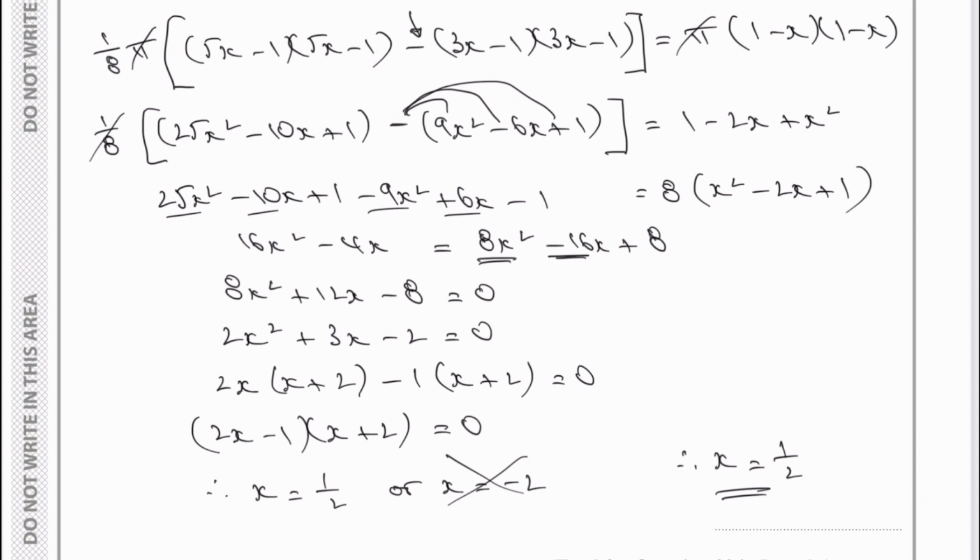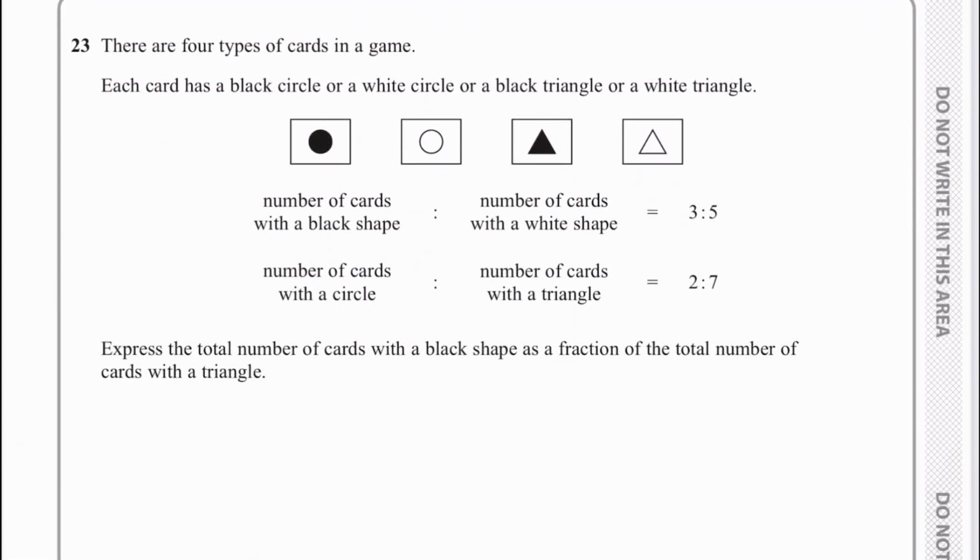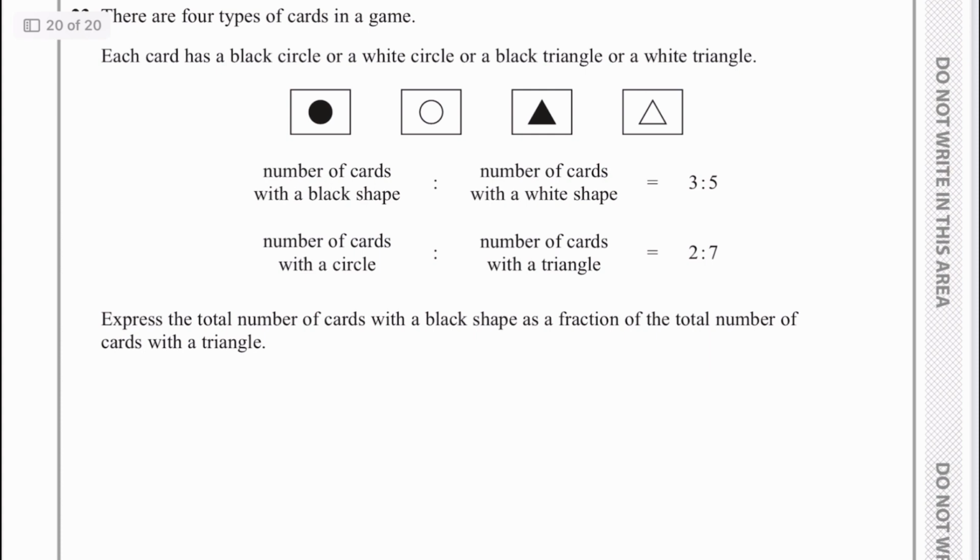Okay, so let's move on then to the very final question on this particular paper, which is question number 23. This one actually is a little bit tricky to work out to begin with, but it's not too bad. What you've got to recognise is that you've got a number of cards with a black shape, a number of cards with a white shape, so that basically means that there are 8 parts.